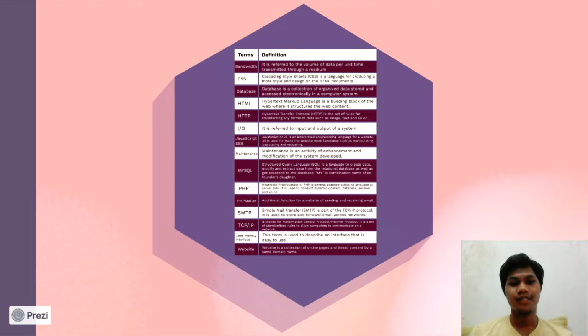Lastly, about the terms or acronym used throughout this document. We will give the definition of the terms or acronym used so that the viewer can understand what they are. For example, bandwidth. What is bandwidth? It is the volume of data per unit time transmitted through a medium.